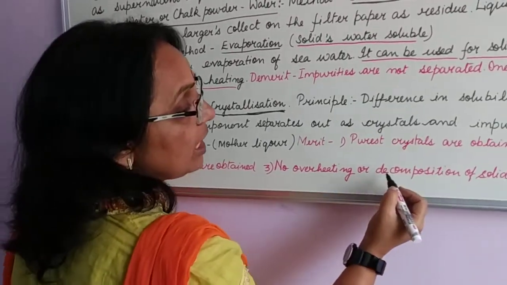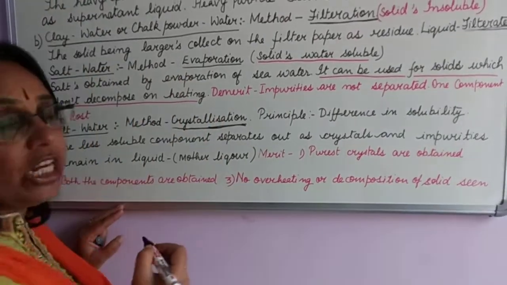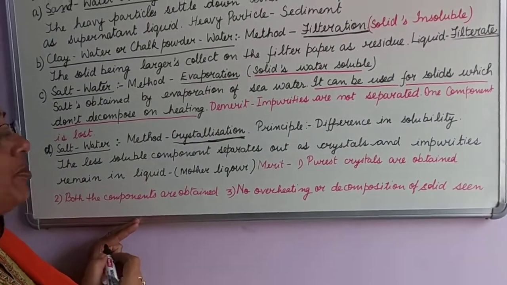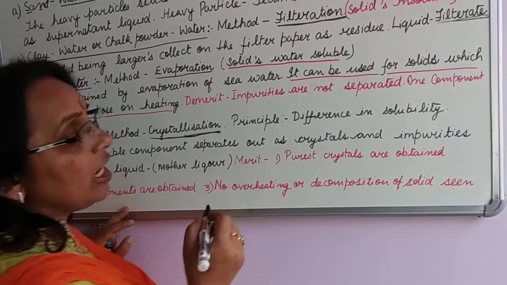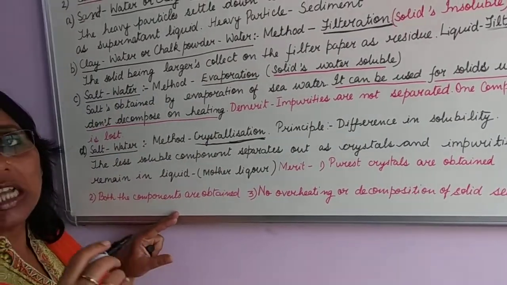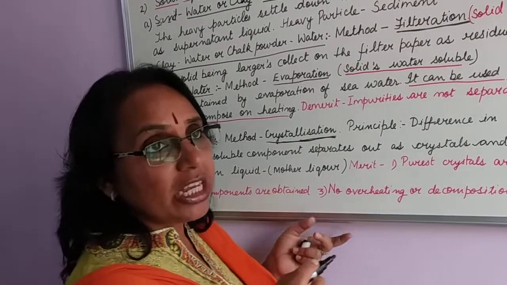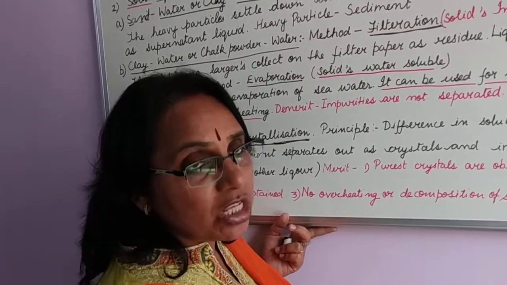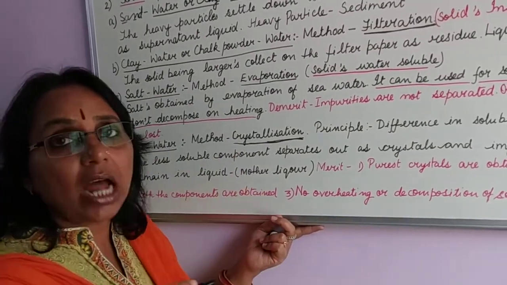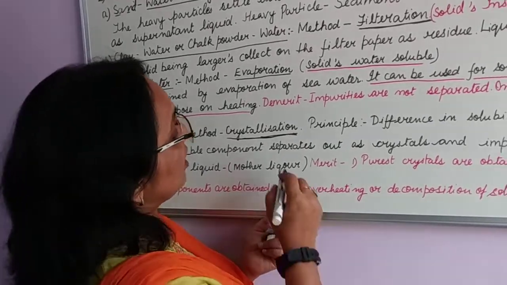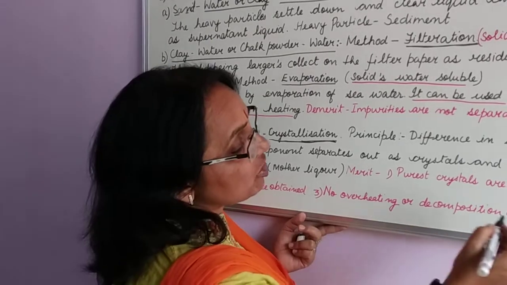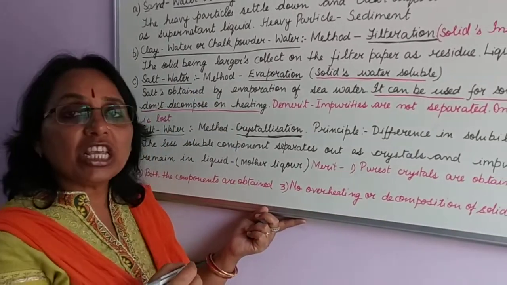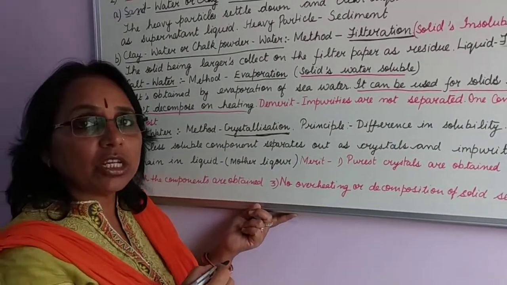Third, there is no overheating or decomposition of the solid. This crystallization technique can be used for both salt and sugar. As I said, sugar cannot be collected by the process of evaporation because it gets charred, but sugar can be collected by the process of crystallization. So crystallization can be used for various types of solids which are water soluble.